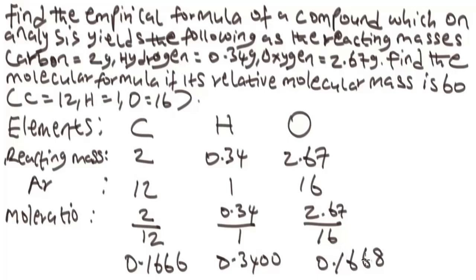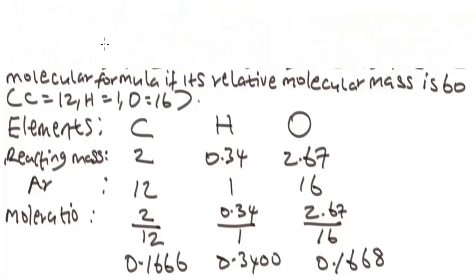Next, we divide through by the least mole ratio. The least mole ratio here is 0.1666, so we divide through by it.